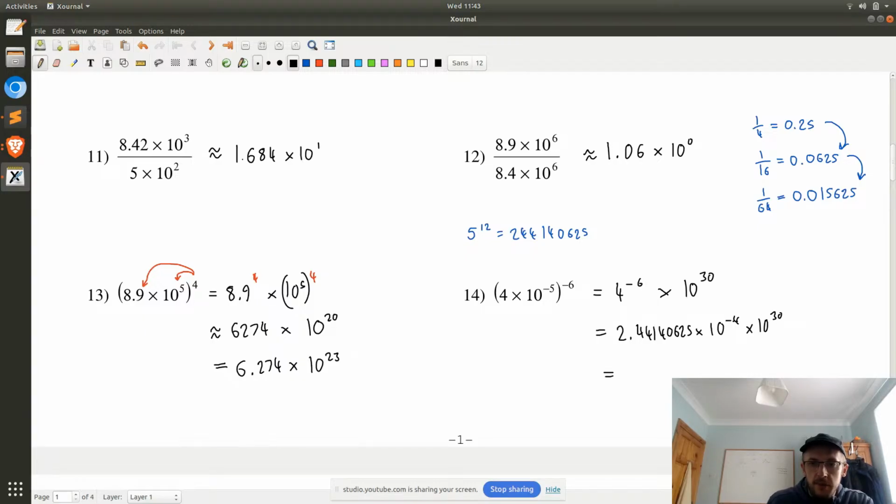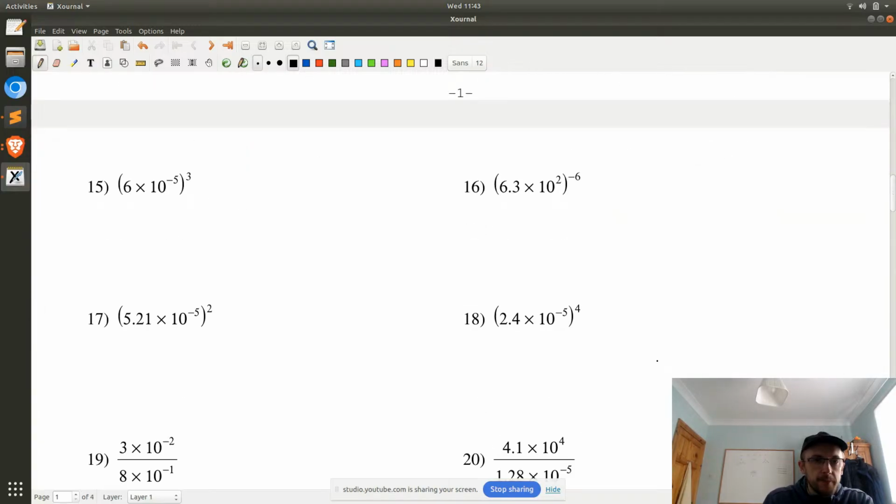So now we can just conveniently add them. 44140,625. Because I like accuracy. This one, I can do it. 216 times 10 to the -15. 100 times smaller, 100 times bigger.